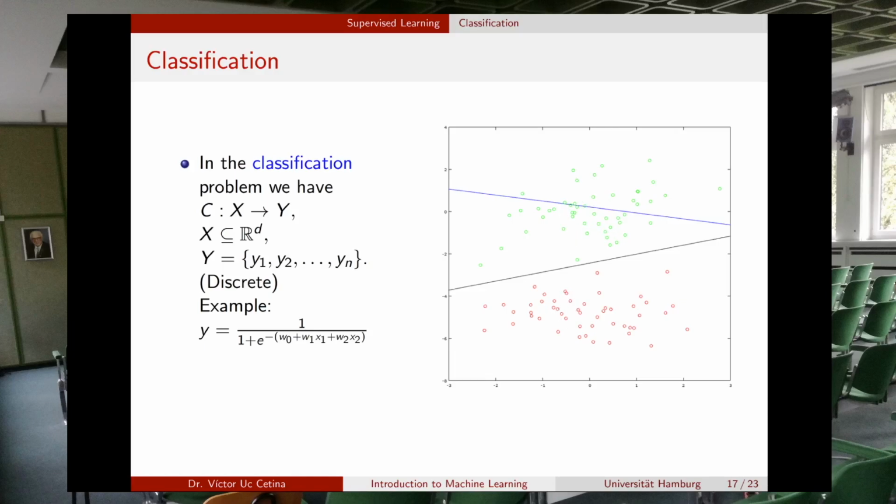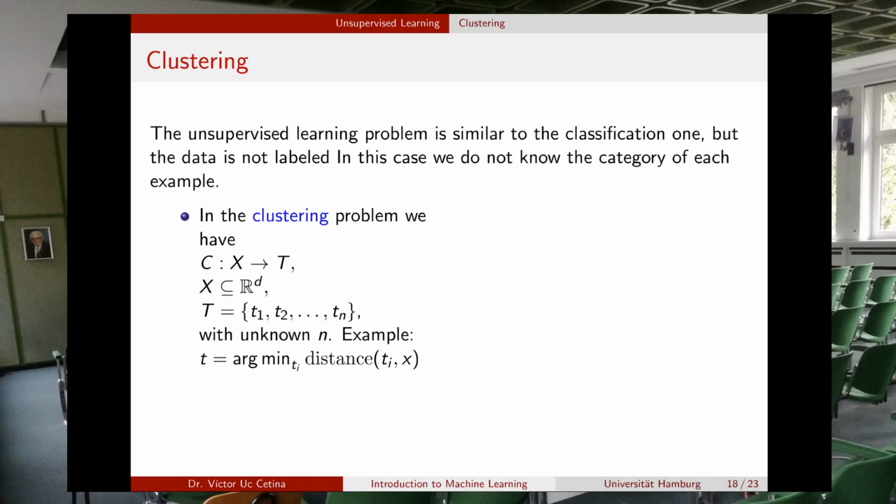Okay, let's move on and talk now about clustering. Clustering is the most relevant problem in unsupervised learning. It is very similar to classification, but the difference is that since this is unsupervised learning, we don't have the outputs, we have only the inputs.